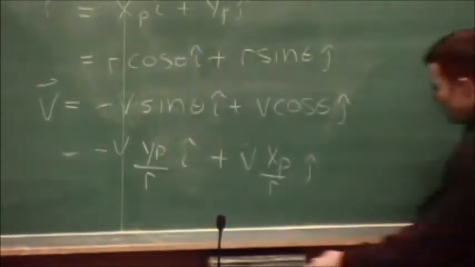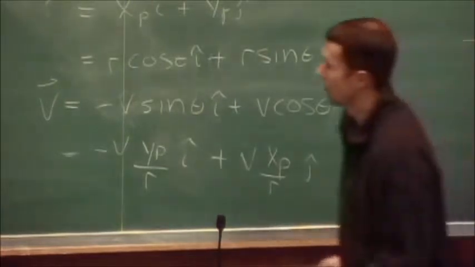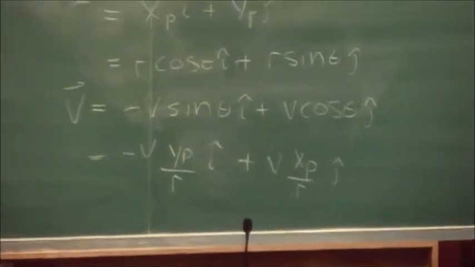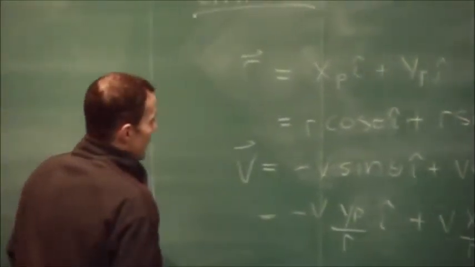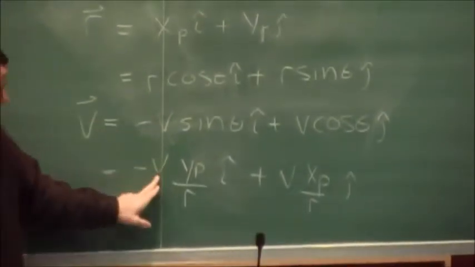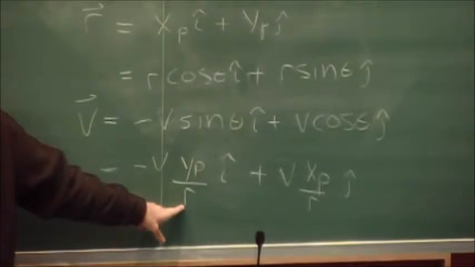Now, if I take the derivative of that, I don't have to erase this. So the acceleration is simply the time derivative of the velocity. Now, v we said is constant. r is constant. That's just the magnitude of the length of the displacement vector.